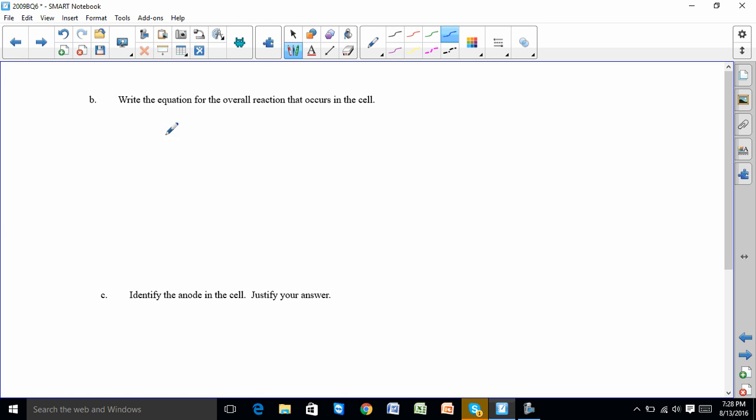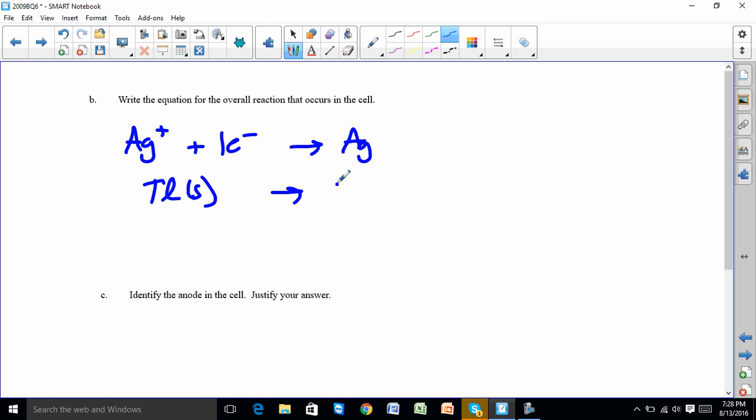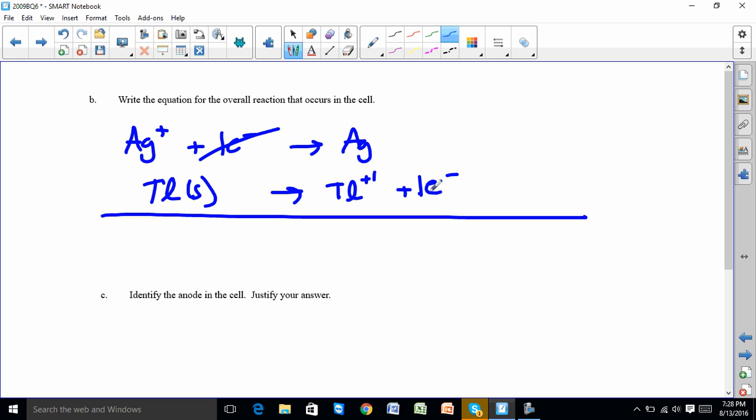Next slide. Write the equation for the overall reaction. So basically, we just said that silver ion turns into silver metal. Therefore, thallium metal must turn into a thallium ion. And when you add these together, the electrons cancel, and you have silver ion plus thallium goes to silver metal plus thallium ion.